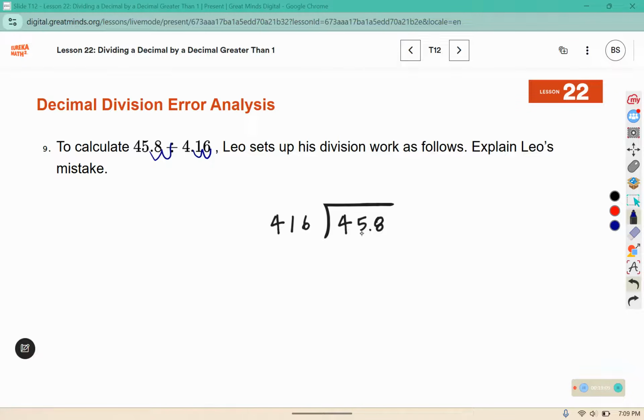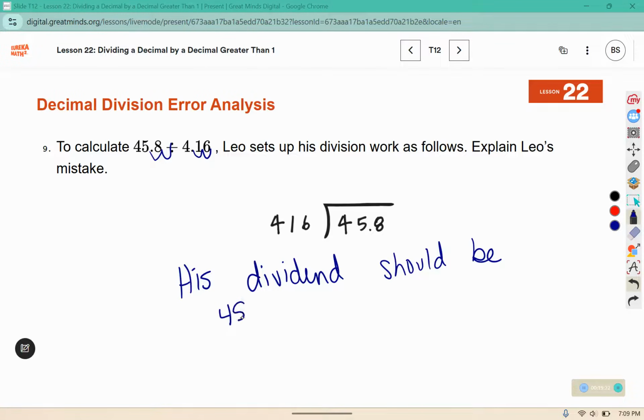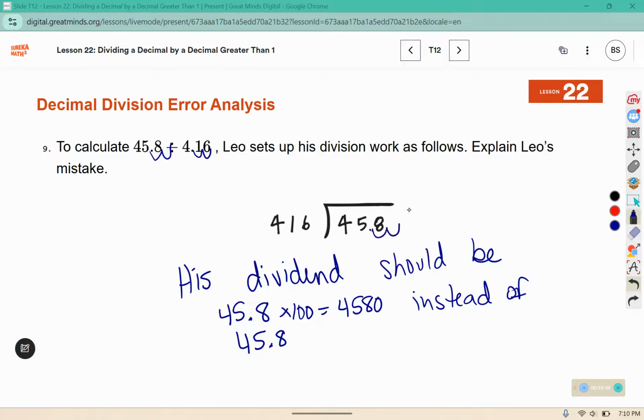So his dividend should say 45.8 times 100. He needs to move that decimal 2 spots, which would give him 4,580 instead of 45.8. He needs to change this by moving it over twice.